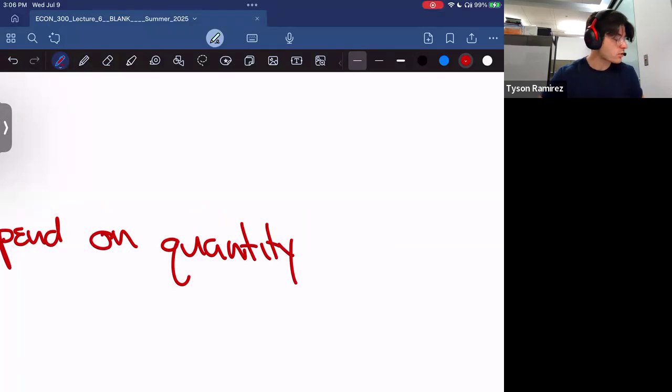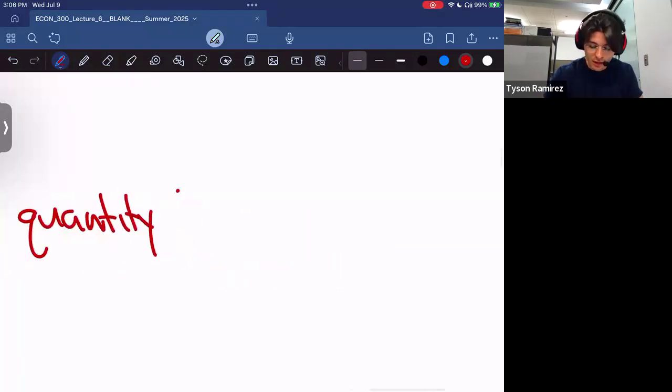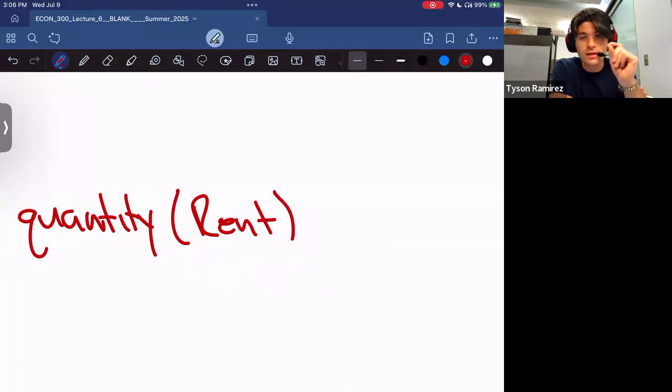All right. Costs that do not depend on quantity. This is usually like your rent, the rent for the building. Doesn't matter if you're only selling one thing or 10,000 things, that rent's going to stay the same.